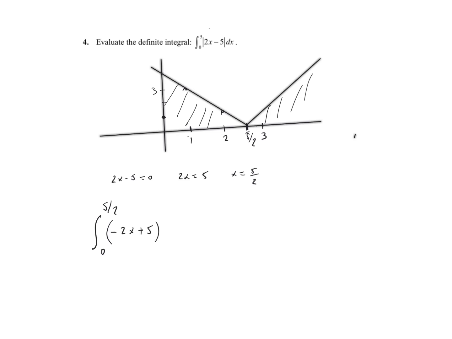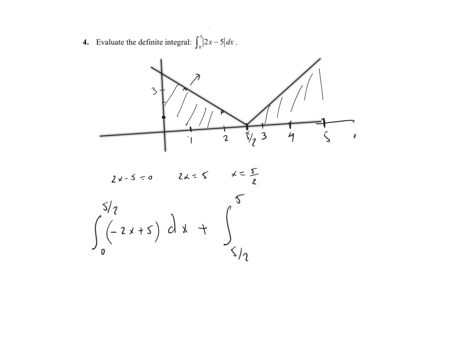This is the function, dx, plus the integral from 5 divided by 2 to 5 of 2x minus 5, when x is between 2.5 and 5. 3, 4, and 5.